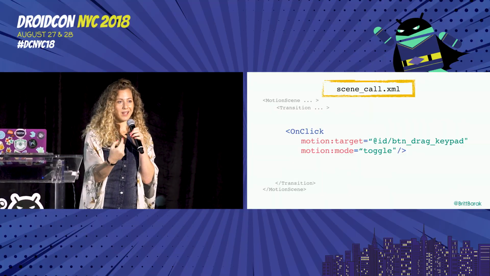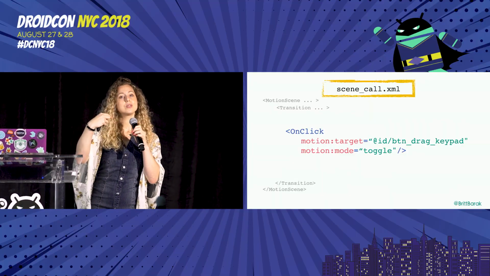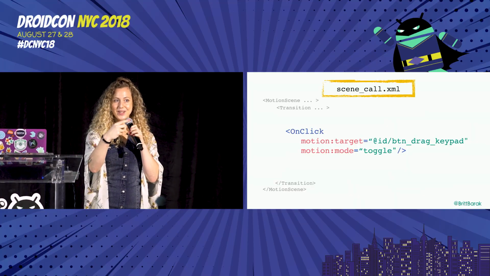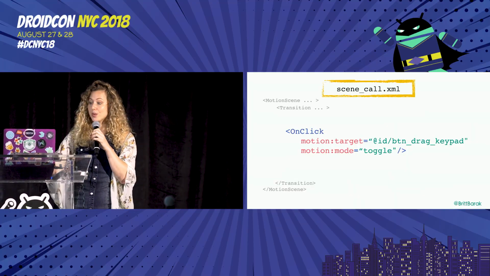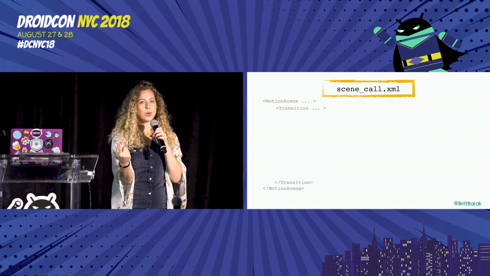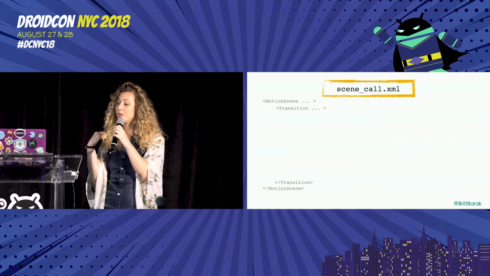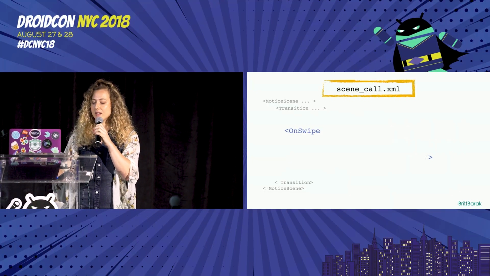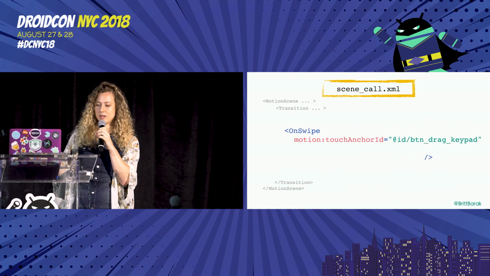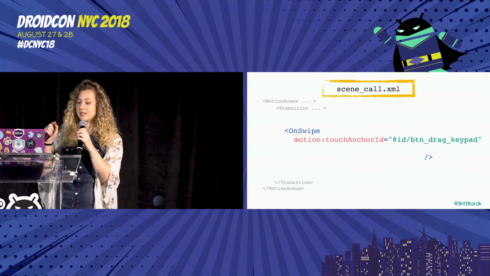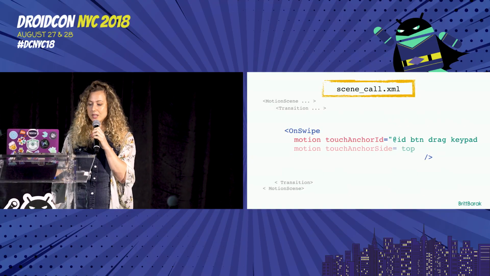But another cool thing, I want to do the swipe. I want the user to control the going up and down. So there's another tag I can use: instead of the click, I would use an on swipe. And this is really, really simple and nice. All I do here is say, okay, when this button, the drag keypad button, is being touched, where is it being touched?